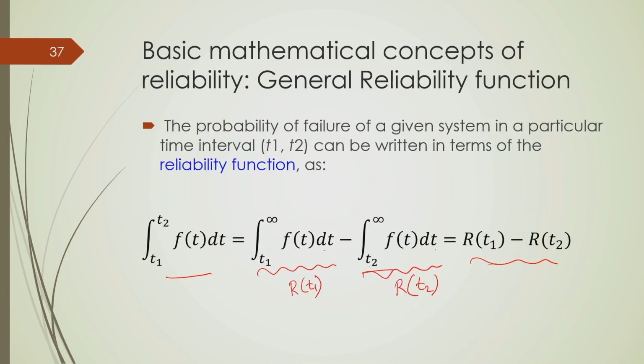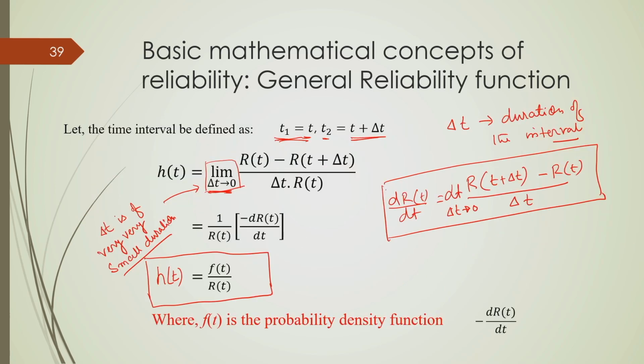So, if we rewrite here again, R(t) is equal to 1 minus the integral from 0 to t of f(t) dt. Now, if we take the first order differentiation dR(t)/dt, we get this equal to minus f(t).